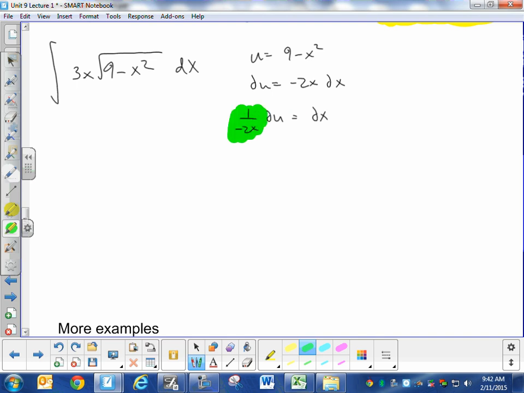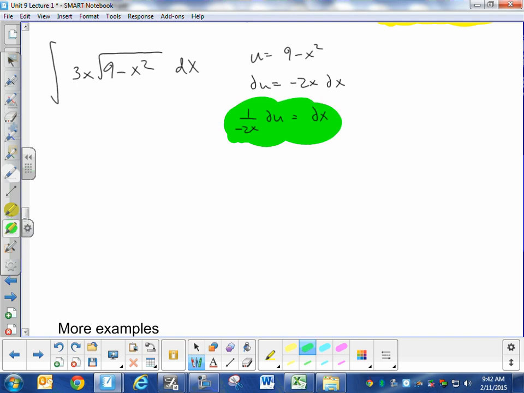I'll give you another couple seconds and I'll walk you through the key steps. This x. We need something with just u's, so we need to get rid of those extra x's. I need to get rid of that 3x, or really just that x, so that I just have u's.